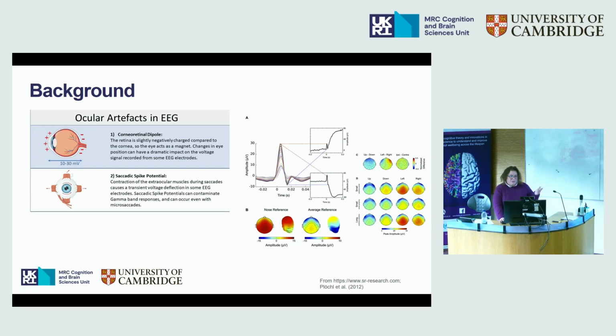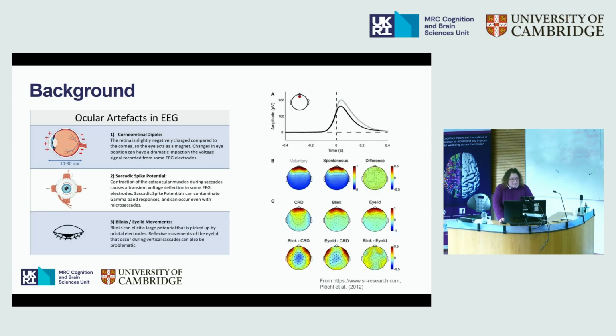And because EOGs, which are special electrodes that are supposed to capture movements of the eyes, do not capture this artifact very well, it's the most difficult artifact to correct in EEG and MEG data. And finally, we also have blinks and eye-related artifacts that we need to take into account, although these are quite easier to recognize and to remove.